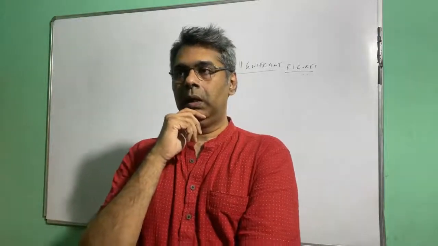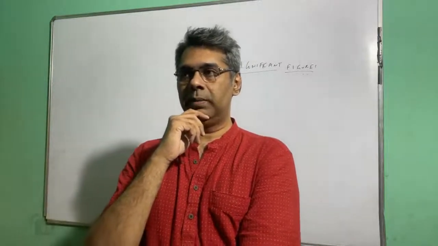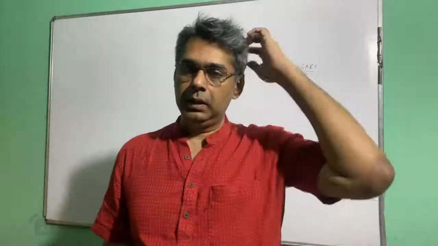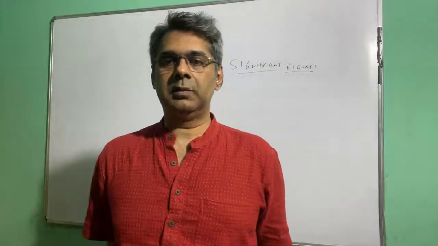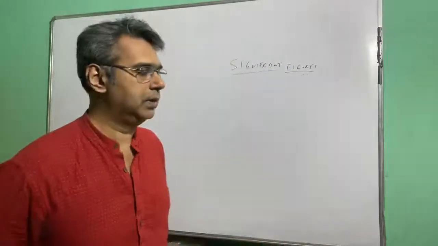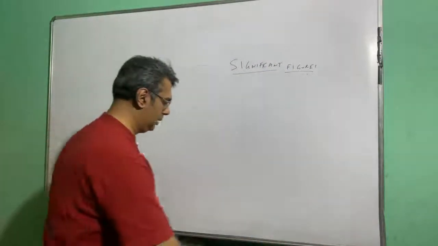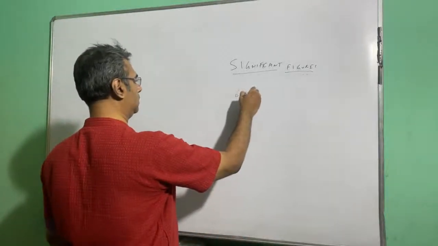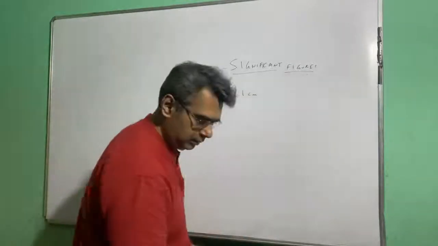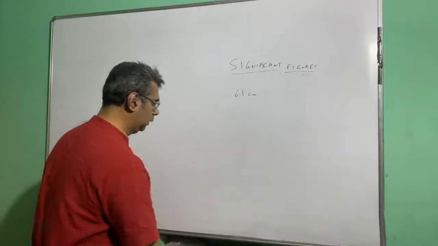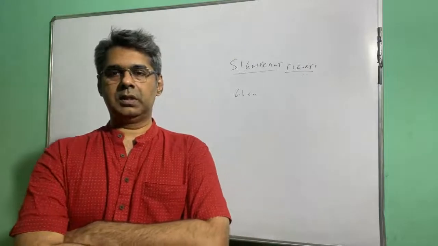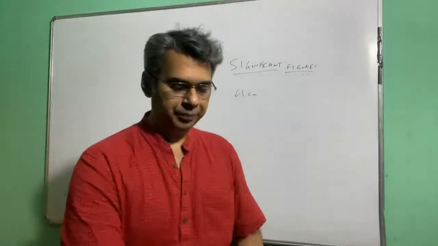Now, suppose the measurement which you want to do, that measurement is 6.1 centimeter. Okay, with the scale of your geometry box, the measurement is 6.1 centimeter. So, you have decided to measure something which is 6.1 centimeter.